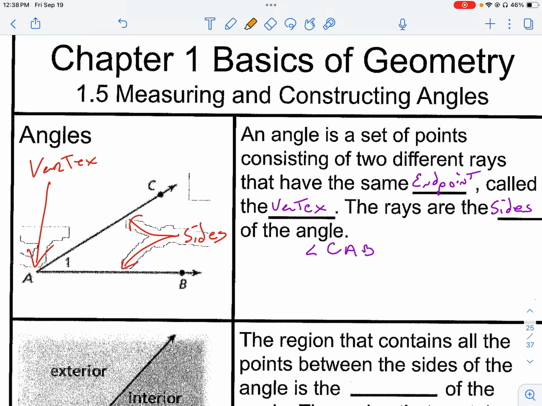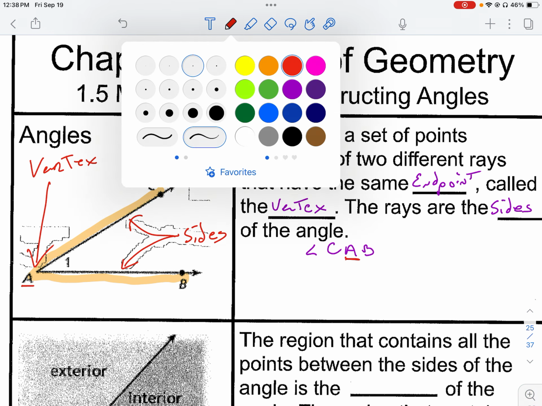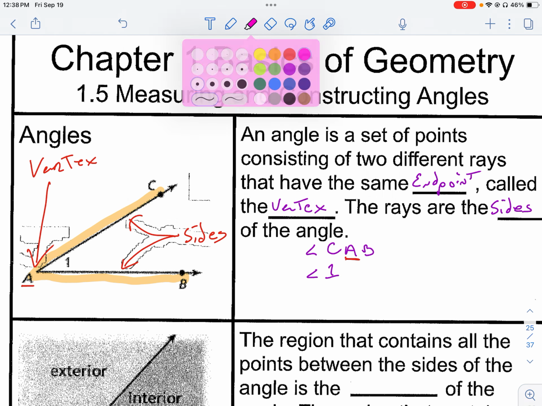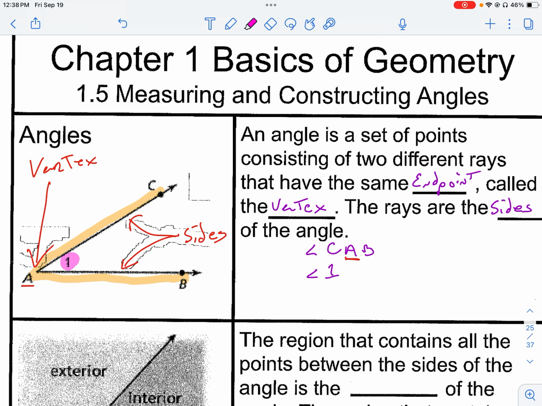The way we do that is we just follow the points, C to A to B. We can see that our vertex is the middle because we always follow the letters C to A to B. Then we could also name it angle 1, because they very conveniently gave the angle a name for us.